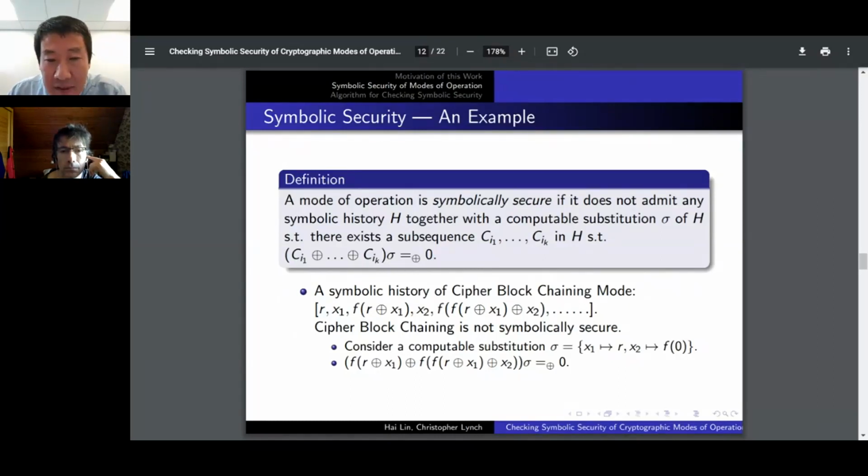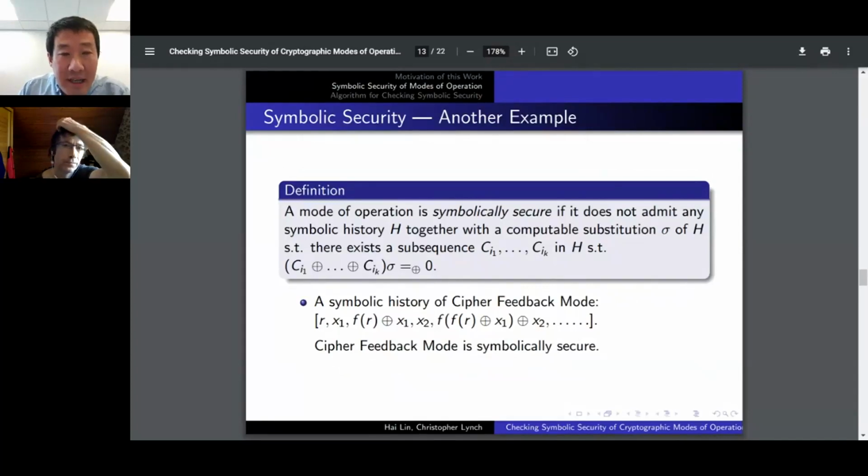Because X1 goes to R, the first ciphertext block becomes f of 0, and we can check that under this substitution, the second ciphertext block also becomes f of 0. So the result is 0 under that substitution.